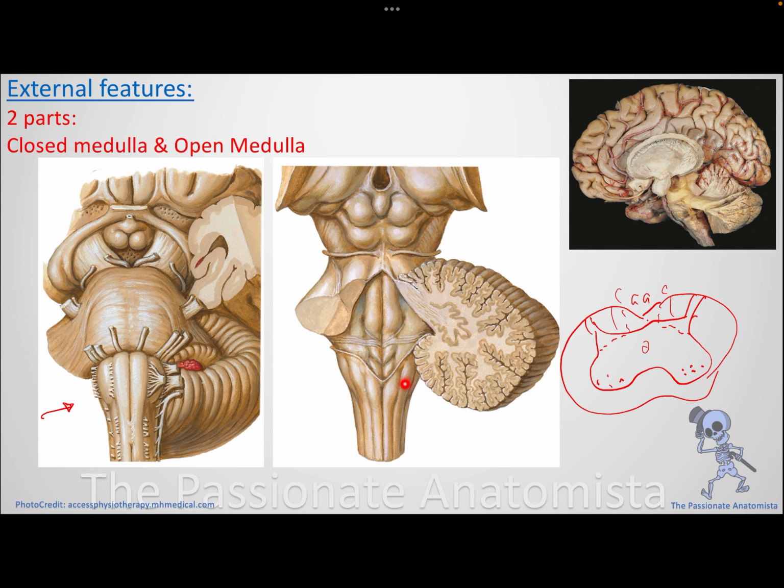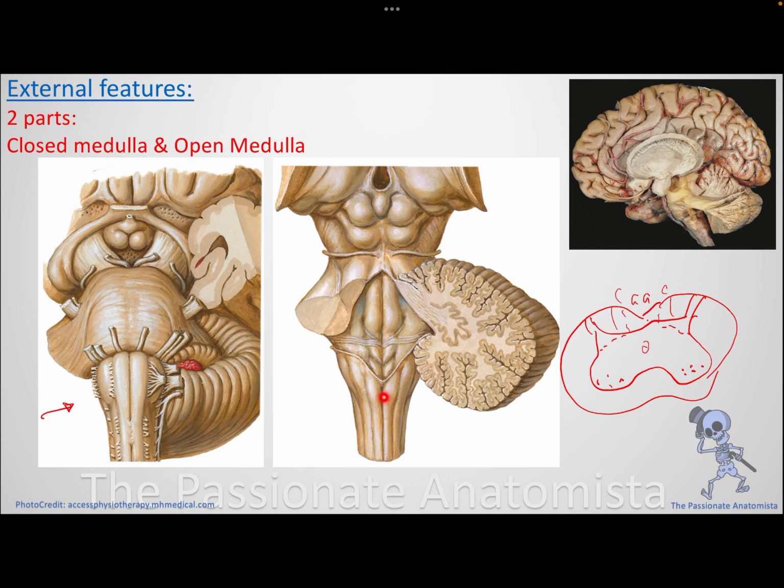Nucleus is the group of cell bodies, and we're going to talk about that in the internal structure, so don't worry about that. And then here you're going to have the trigeminal tubercle. So again, in the medulla, we have anterior: pyramids, olives, inferior cerebellar peduncles. Posteriorly, sensory, continuation of the spinal cord, the fasciculi, and then here the nuclei.